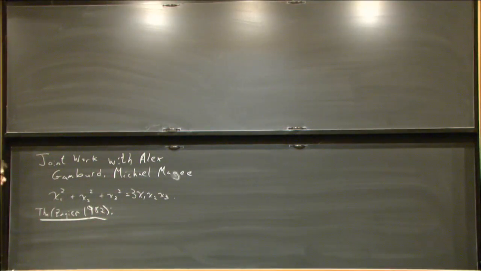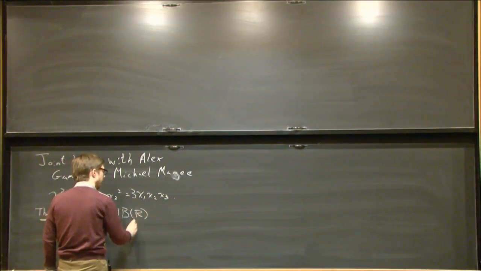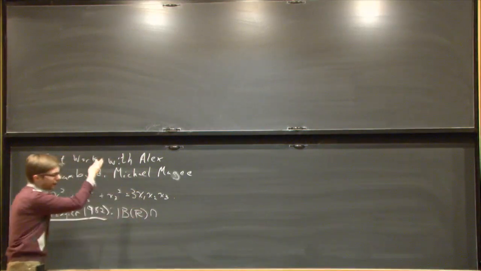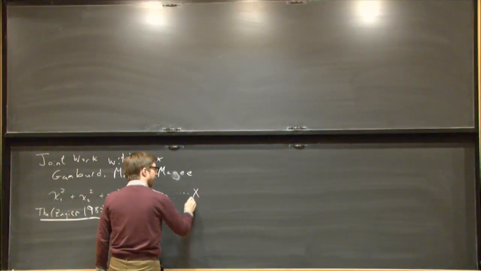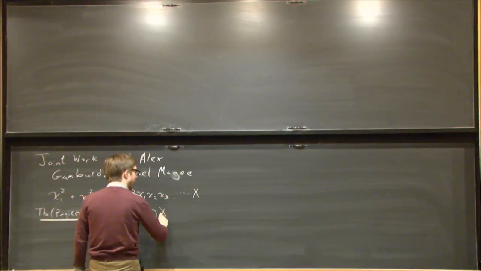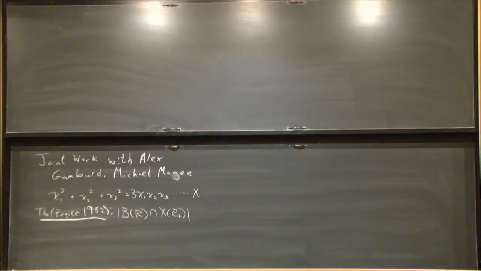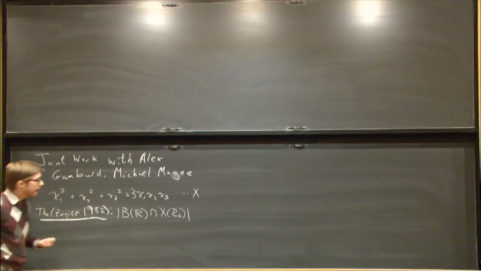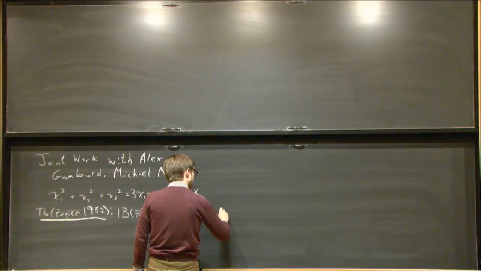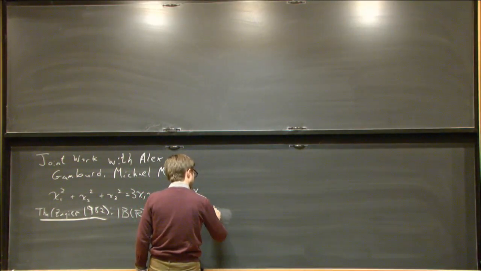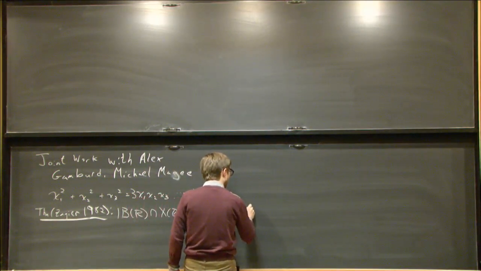It says the following: if I look at the number of solutions that lie in a ball of radius r, using the notation from earlier today, let's say that this variety is X. If I take the positive integral solutions and intersect with a ball of radius r with respect to the L infinity norm, this is something like a constant times log r squared, plus some big O error term.